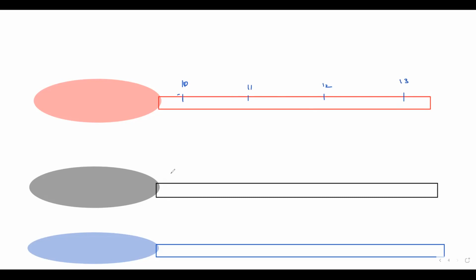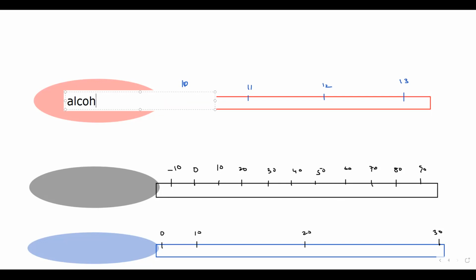In case of mercury, for example, it is minus 10, 0, 10, 20, 30, 40, 50, till 90. And when we use water, for example, it is 0, 10, 20, and 30. So this was alcohol, mercury, and water.